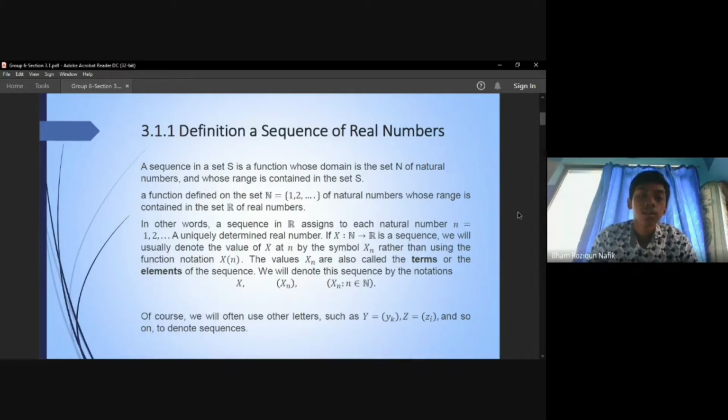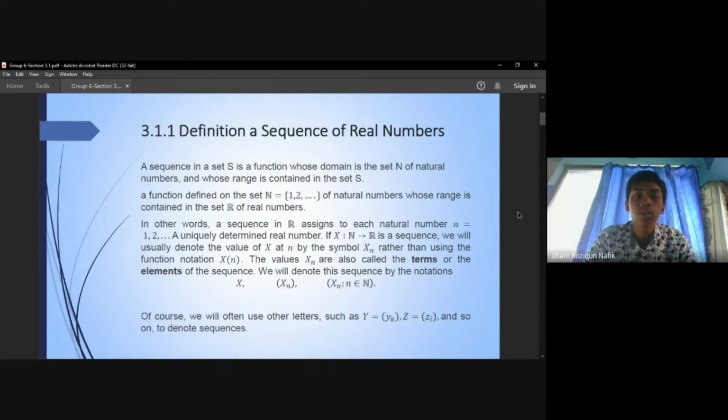In other words, a sequence in the set of real numbers assigns to each natural number n equals 1, 2, 3, etc. a uniquely determined real number. If X is a function from the set of natural numbers to the set of real numbers, it is a sequence.